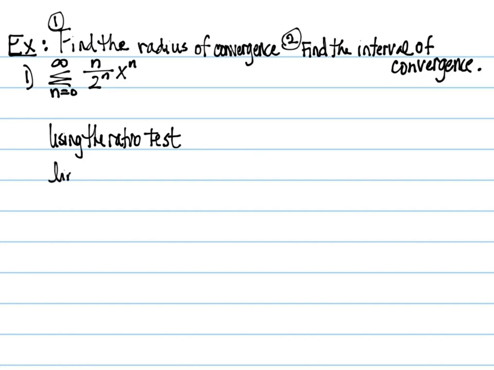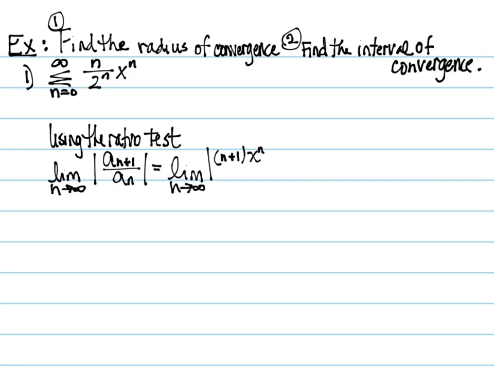We're going to take the limit as n goes to infinity of a sub n plus 1 over a sub n, which for us is the limit as n goes to infinity of n plus 1 times x, over 2 to the n plus 1.